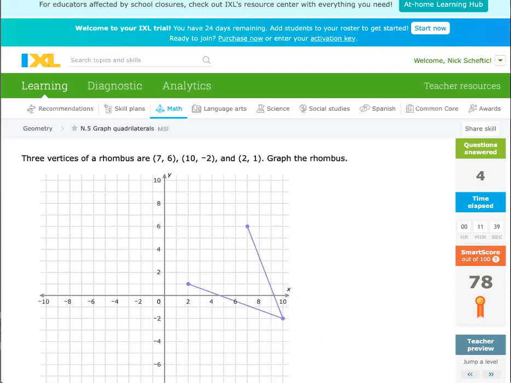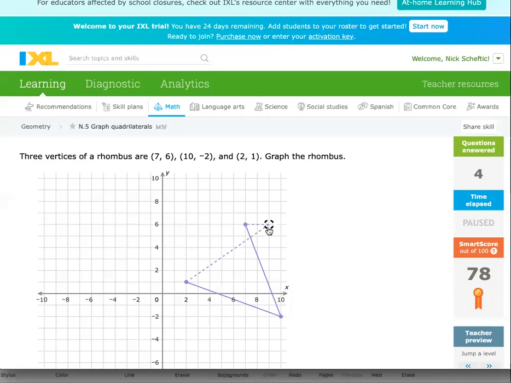So we can measure the distance. All right, so let's take a look at it. So this point right here is going to be 7, 6. And then this point over there is 10, -2. So let me write this out for you. All right, so from this top point to that bottom point, we are at 7, 6, and we went to 10 and -2. Okay, so the change is we're going to go to the right 3, down 8.